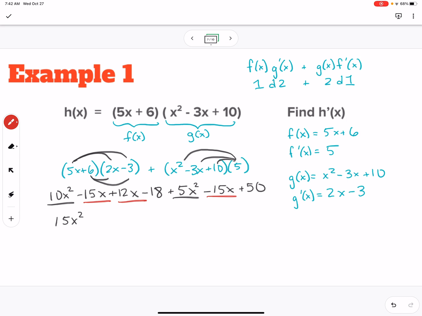That would be negative 30 plus 12, so that's going to end up being negative 18x. And then last but not least, I have this minus 18 and this plus 50. So that's going to be 32. And voila, we have our h prime of x.